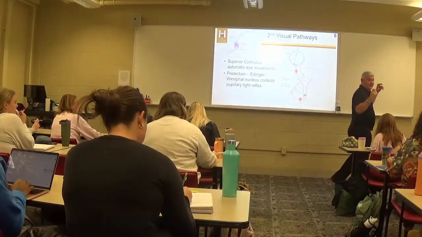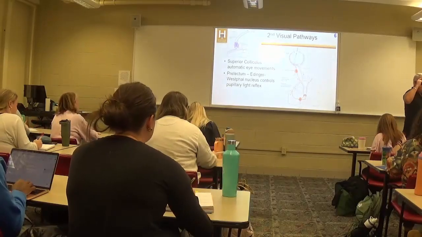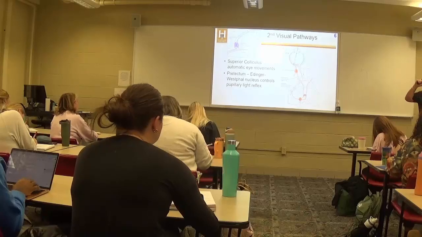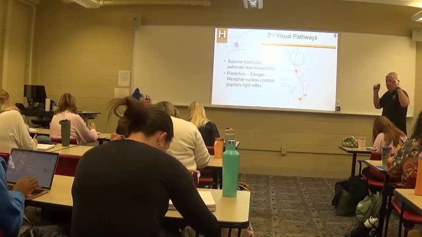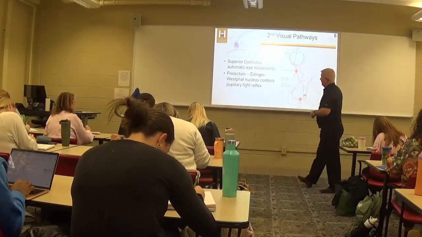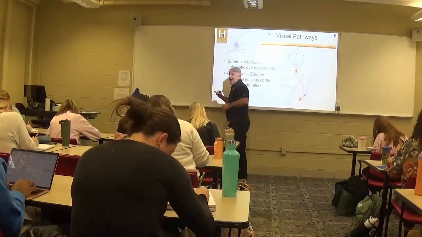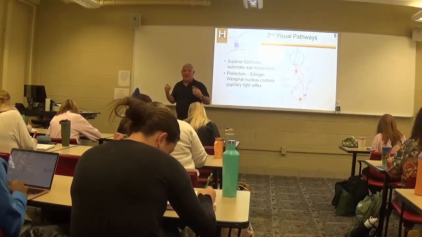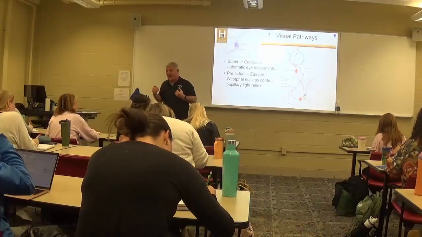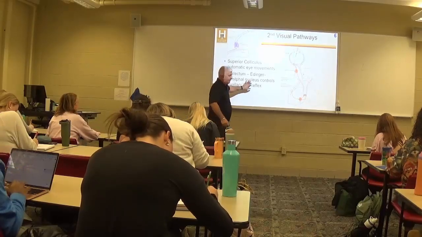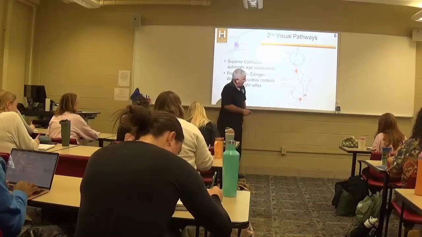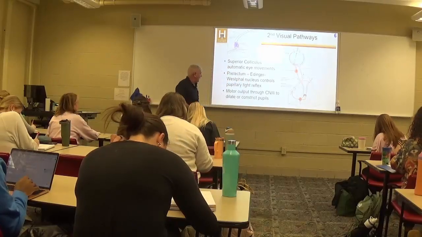How bright the light is, right? In dim light, we open up our pupils so we can absorb more light. In bright light, we constrict them so we don't blind the receptors, right? So it needs to know how much light is coming in in order to do that. So that's why that third pathway branches off to the Edinger-Westphal nucleus.